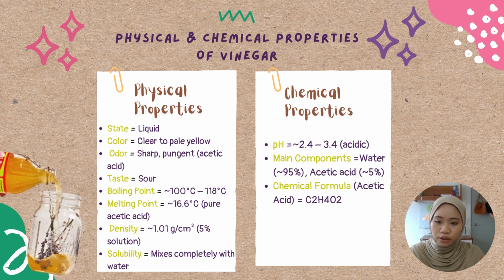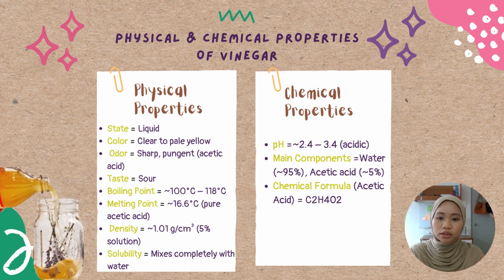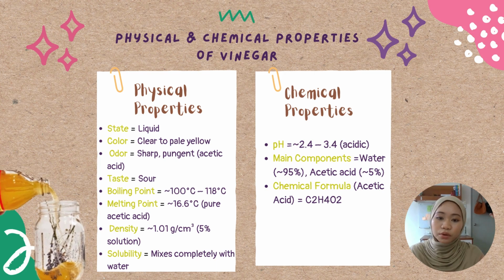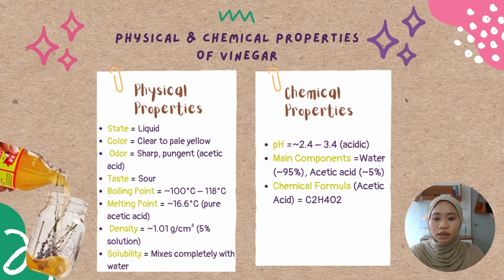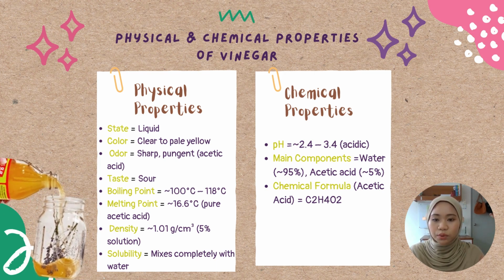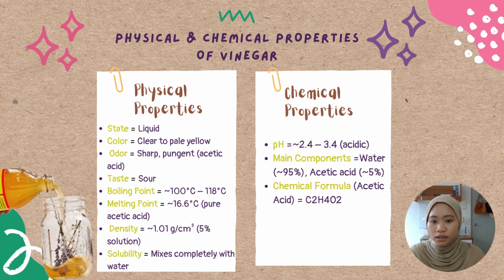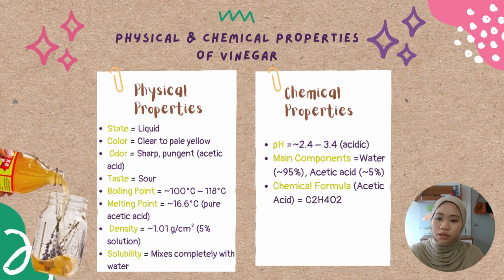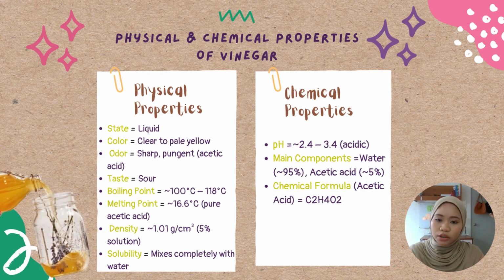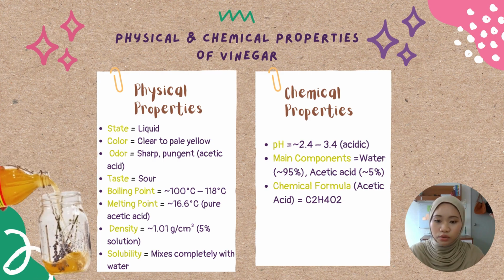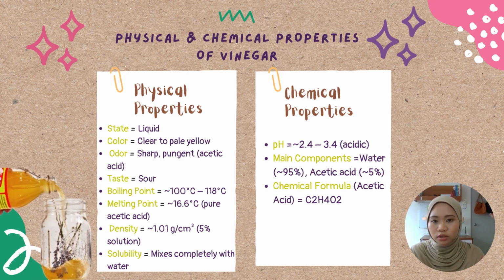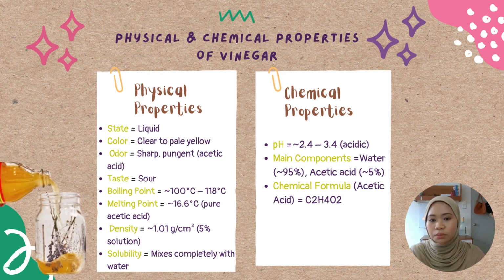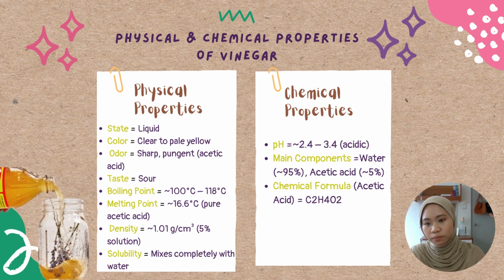The boiling point is 100 Celsius until 118 Celsius, and the melting point is 16.6 Celsius for pure acetic acid, and the density is 1.01 gram per cubic centimeter for a 5% solution. And lastly, for physical properties is the solubility, which is mixed completely with water.